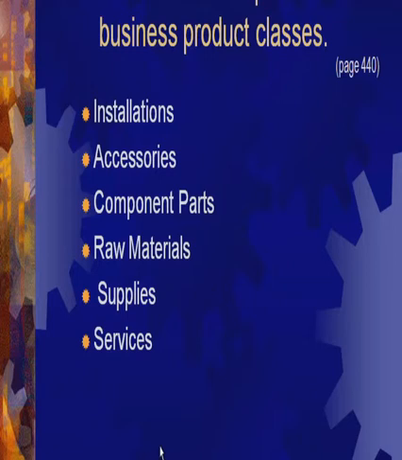And raw materials and component parts go into the conversion process, the manufacturing process. And then supplies, or maybe lubricants, will improve the use of the installation and extend its life. Professional services might be auditing services or legal services, many things that a business would buy.